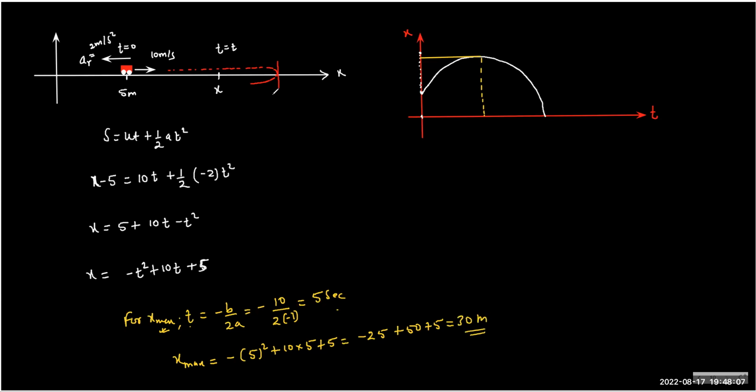So after traveling to 30 meters, it will turn back. Later on, when you study calculus, it's even easier, because calculus talks about differentiation. You differentiate, it will give you the answer 5. Very easy.